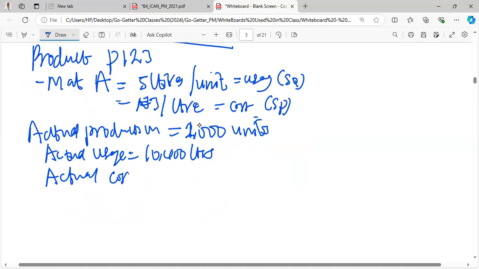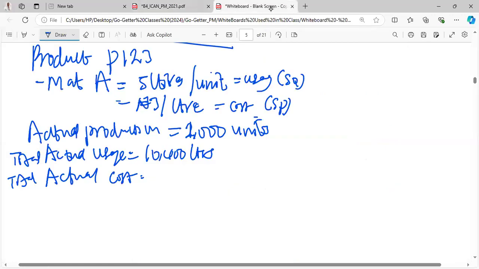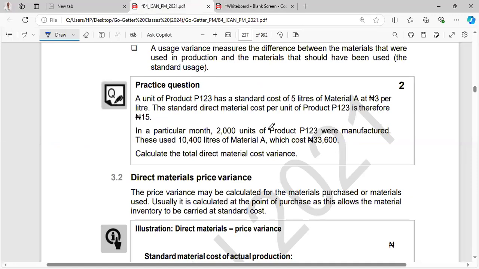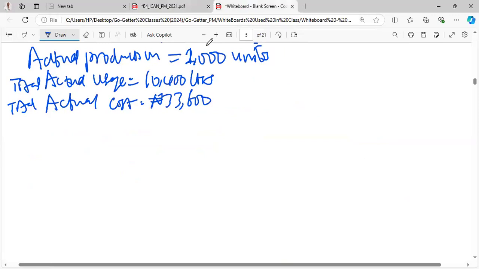Actual cost, I'll say, actual cost 33,600. So this is 33,600. All right. We are asked to look for the total direct material variance, and we'll look at the other variances.